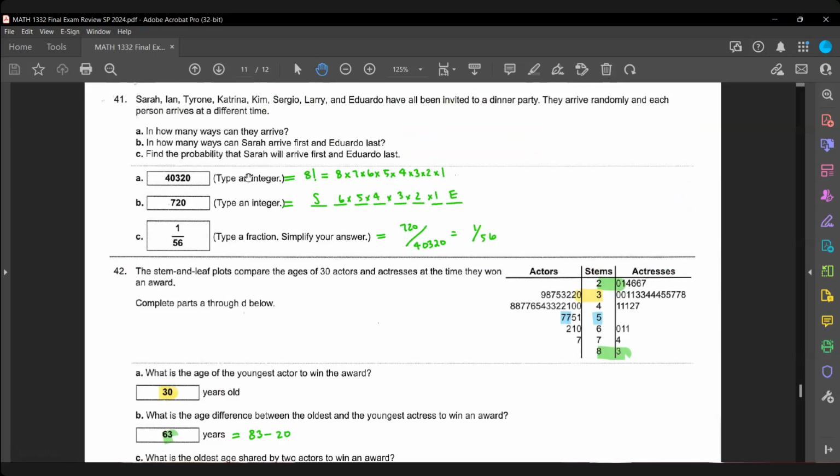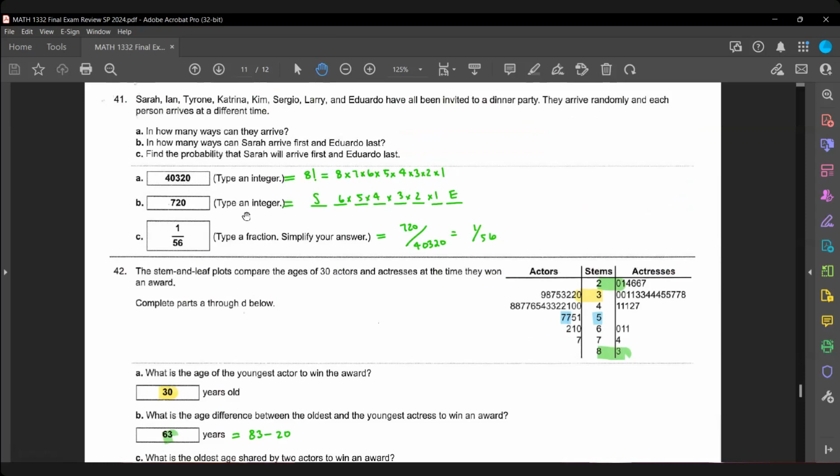So in this particular case, this is the number of ways that they could be arranged in a line.